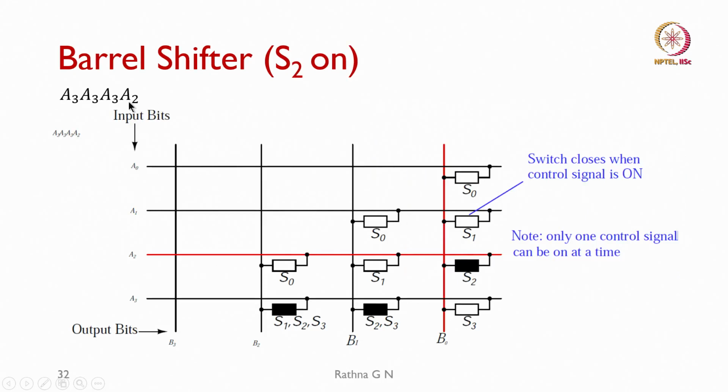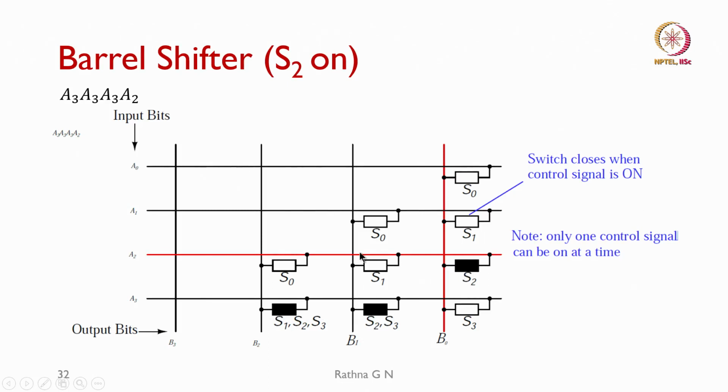What is the result I want? I want A2, A3, A3, A3 on the B outputs. You will see that the S2 switch is closed, and wherever you see S2, it is highlighted here. These are the lines that are going to be connected.